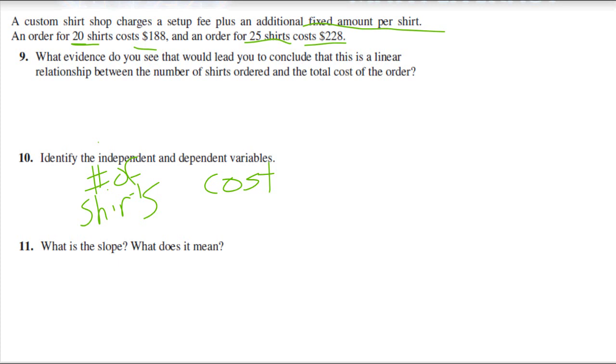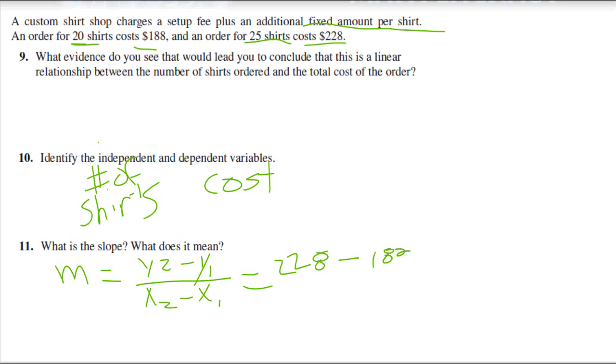Okay, so for the slope. As we've seen before, since we've decided number of shirts is independent, that's going to be our x. That makes cost our y, the dependent. So I'll start out with the higher cost, so I don't have a negative. 188 divided by, and 25 shirts cost $228.